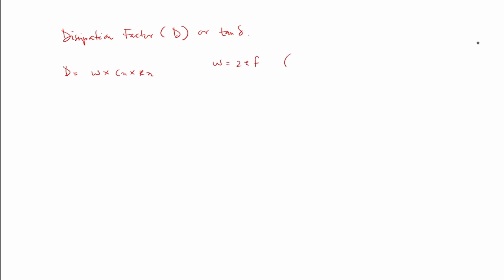In this question the frequency is equal to 1000 Hertz. Substituting this, we get 2 pi times 1000 times Cx, which from the previous part is 0.25 times 10 raised to minus 6, times Rx equals 2000 ohm. Solving this, we get 3.14. So this is for today's session.